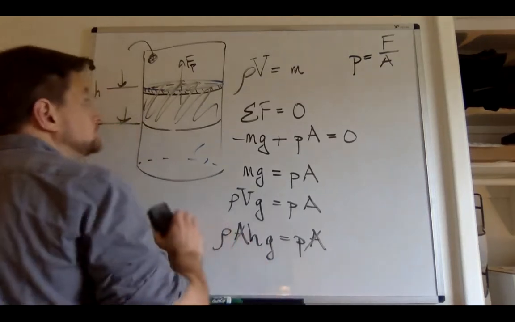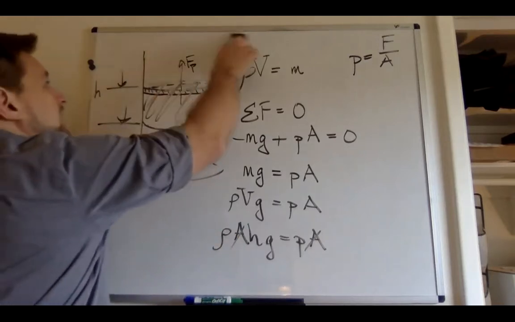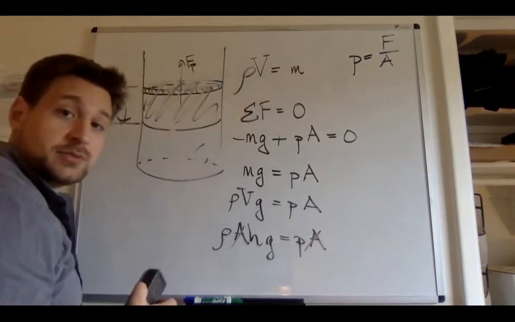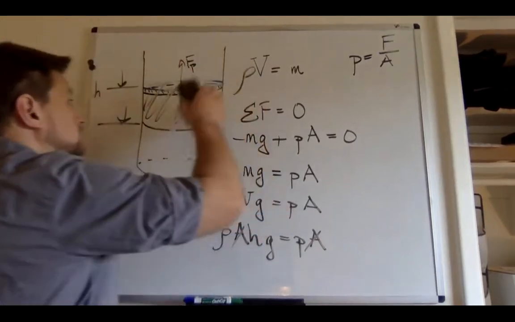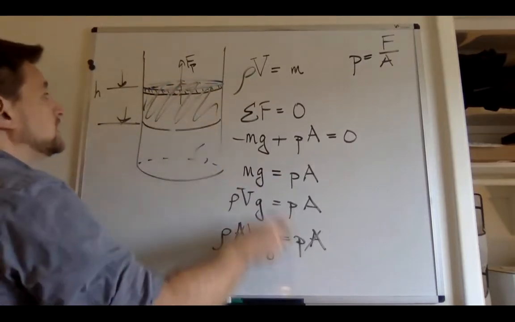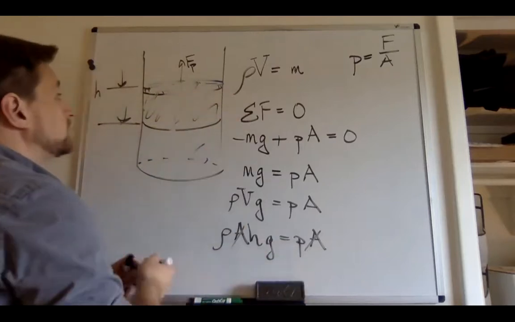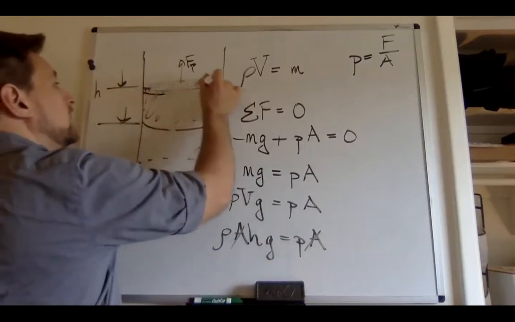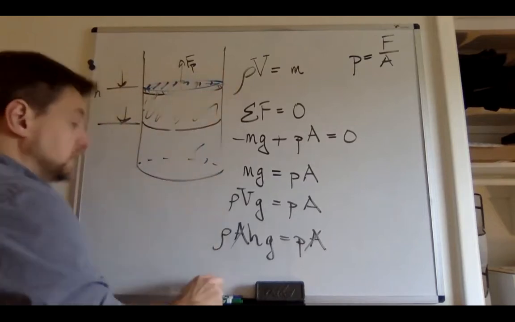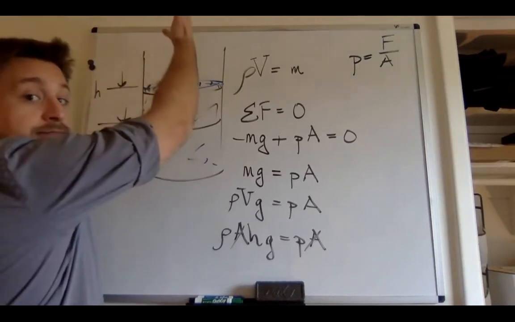Now, what if this were not evacuated? What if there was air above that? Now, at the surface of this fluid, redraw the fluid surface here. At the surface, that surface needs to be exerting some pressure to hold up the air that's above it.